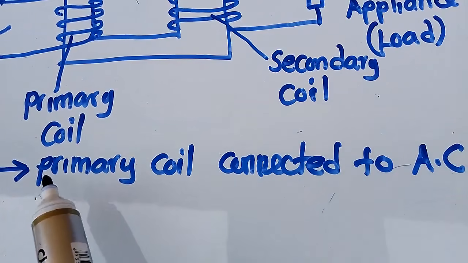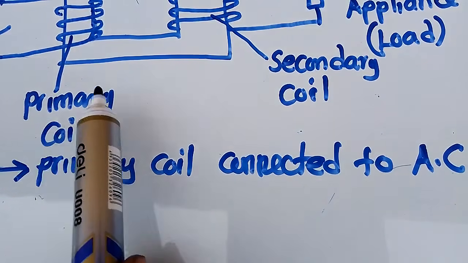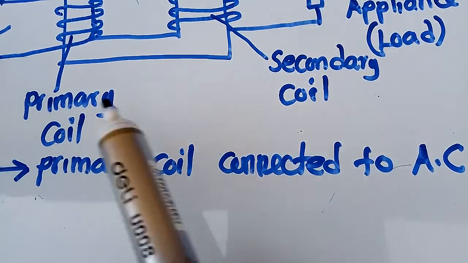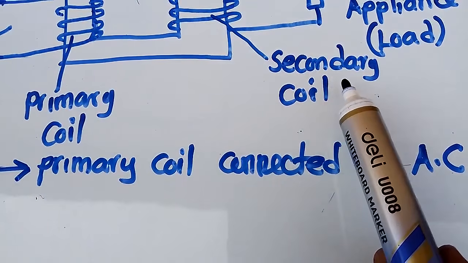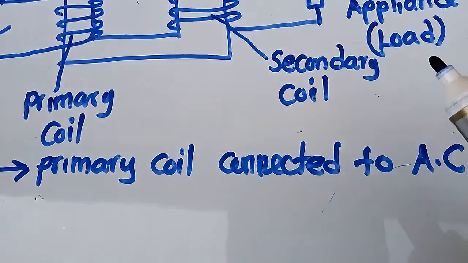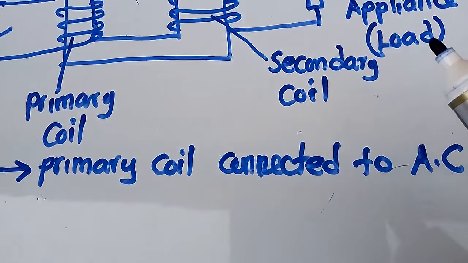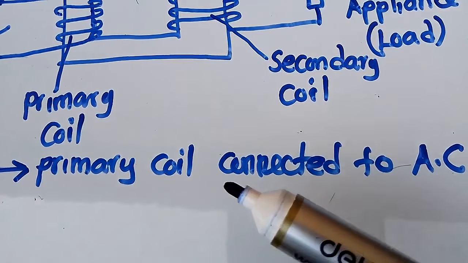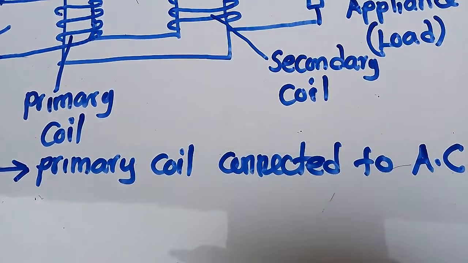The primary coil is connected to the AC supply, and the secondary coil is connected to the electric appliance. This is the first point you are going to raise. Due to space, I won't be able to write all the points, but I'll be explaining so that we understand everything that I'm saying.